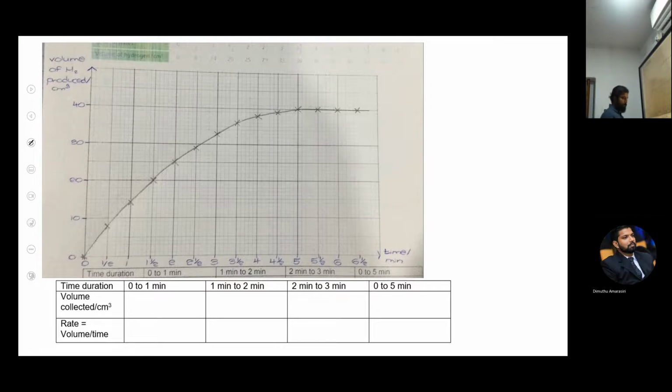You must have got 14 cm cubed here, and it is the rate itself because they ask volume divided by time. Volume is 40, time 0 to 1, that means 1. So here the volume is 11. Yeah, 11.